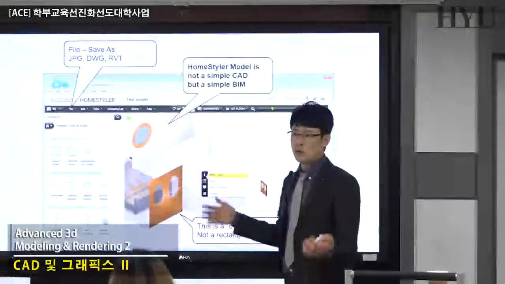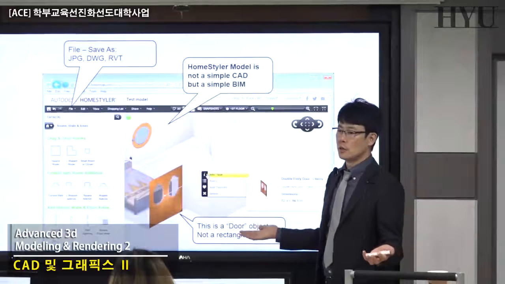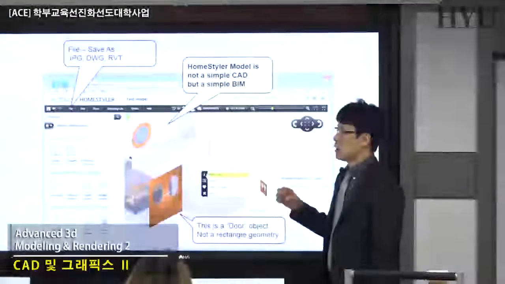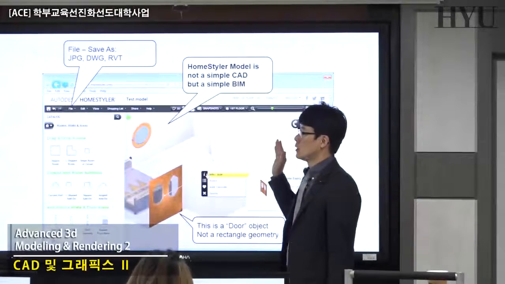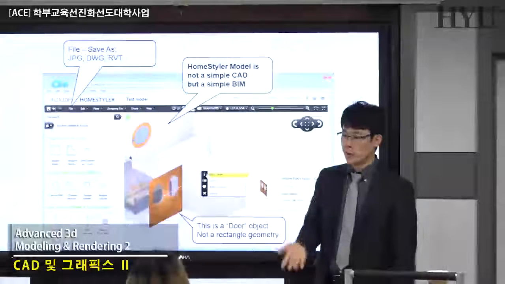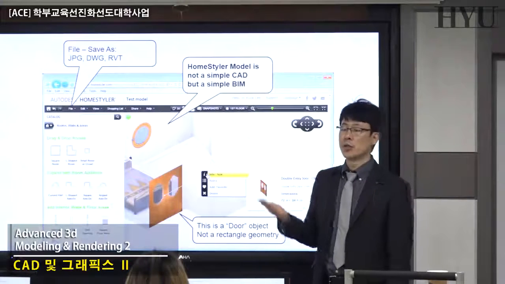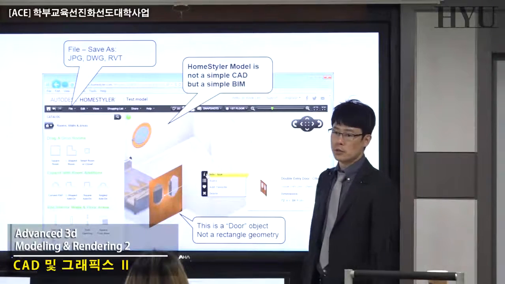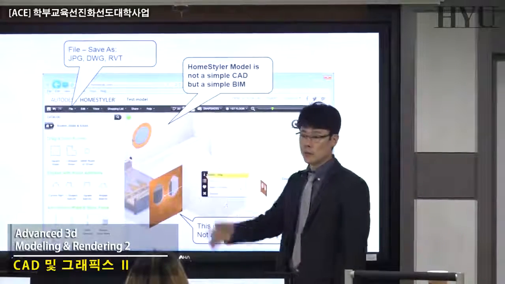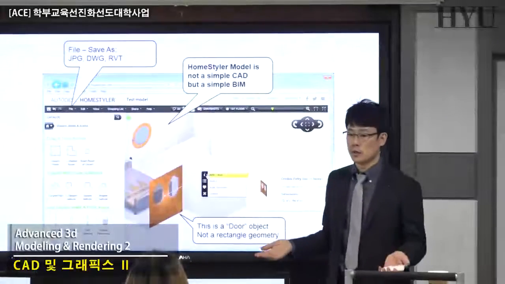Okay, so which one do you think is the smart way, and which one is the design software that fits you, someone like you, an architecture major, interior architecture design major? Something like this, okay? Homestyler, not 3D Max or some other geometric-based things.